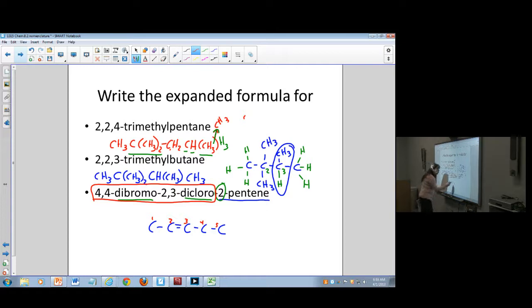So on 4, I'm going to have a bromo and a bromo. 4,4 and dibromo indicate there are 2 bromine atoms and each of them is on the carbon 4. And then I have 2,3-dichloro, indicating there's a chloro at carbon 2 and a chloro at carbon 3.